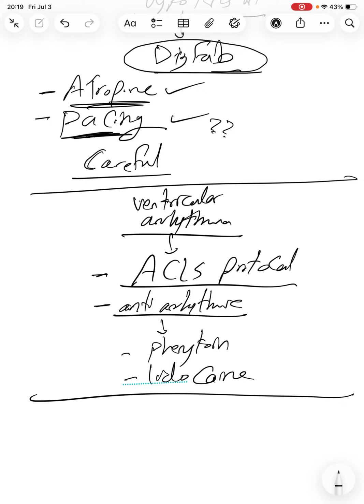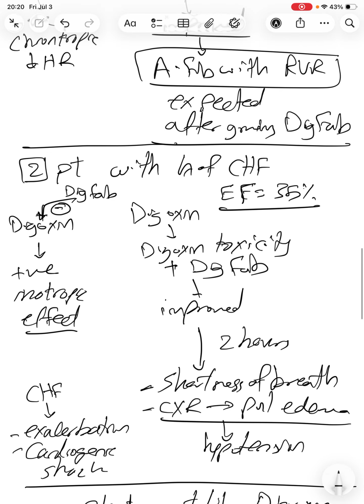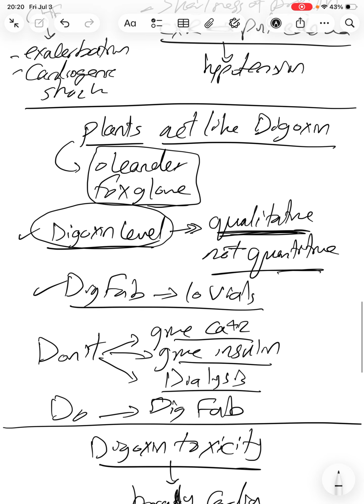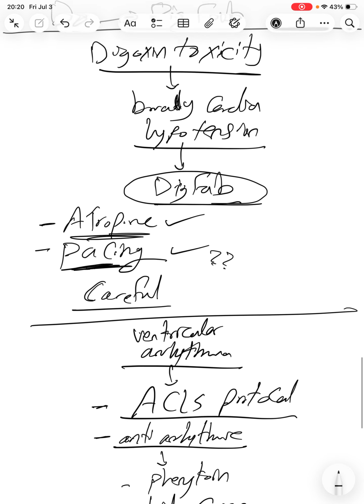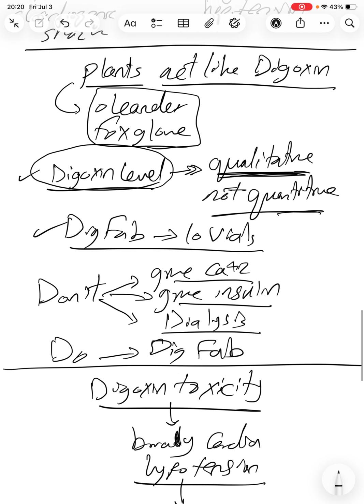So I think we covered everything related to digoxin toxicity and the plants that look like digoxin, how to manage the bradycardia and hypotension, and how to manage ventricular arrhythmia.